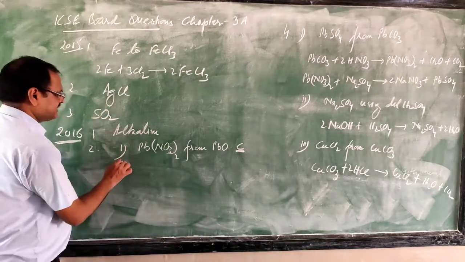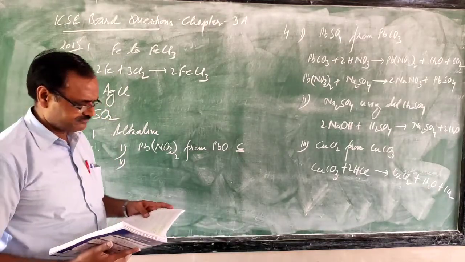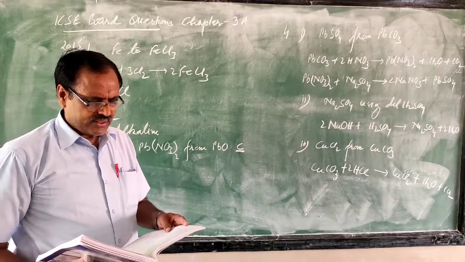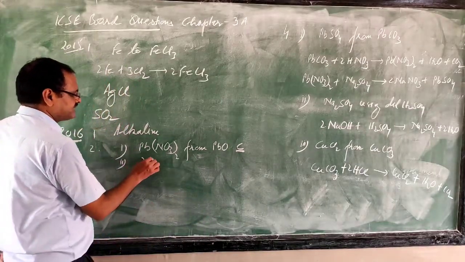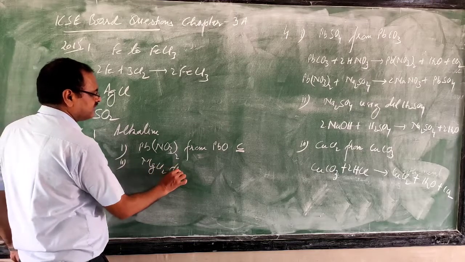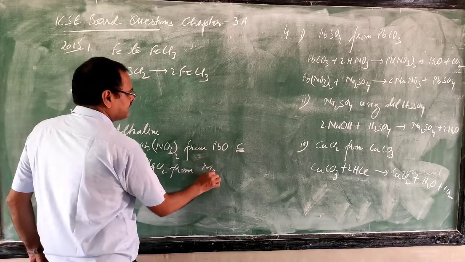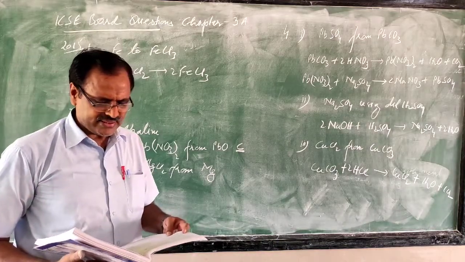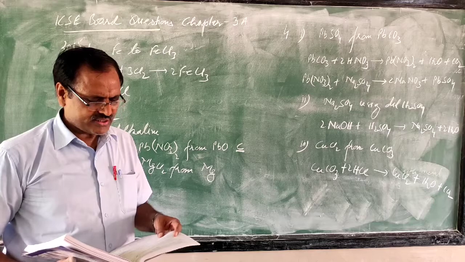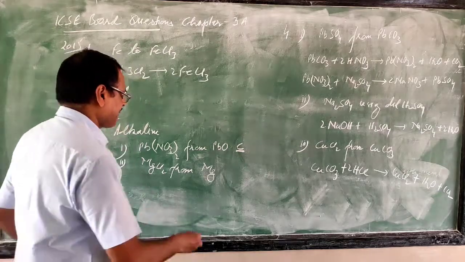The second one is given, magnesium chloride from magnesium. This is the displacement method. So just see the displacement method is given. A, simple displacement.